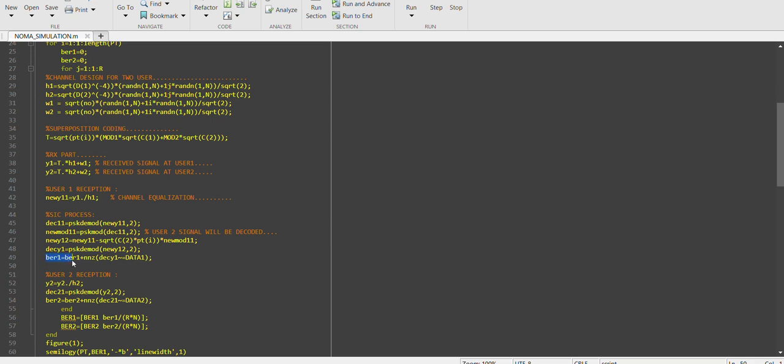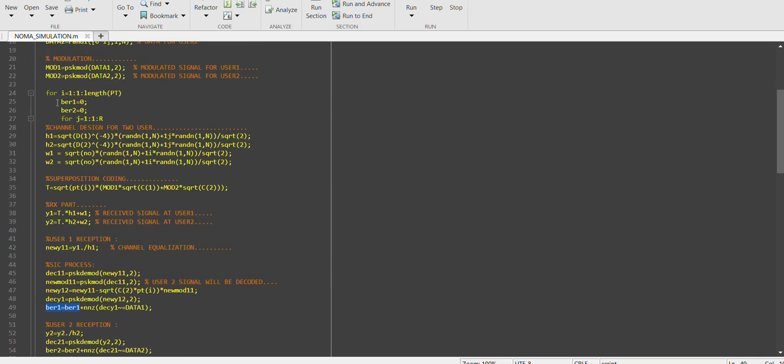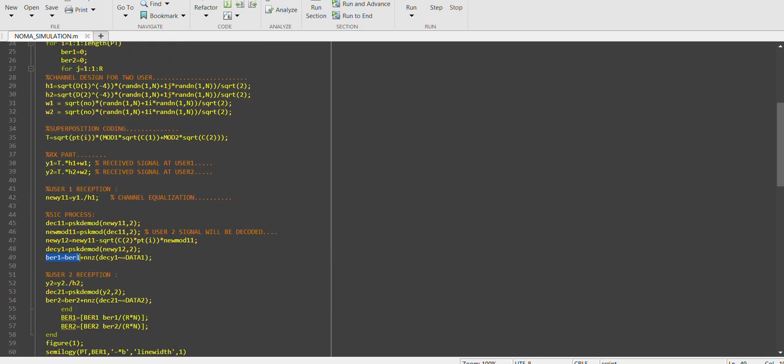BR1 is initially configured at 0, so BR1 will be equal to BR1 plus NNZ, a predefined function. It will give us the number of data which is different. Initially, this is my decoded data at the user 1 end.